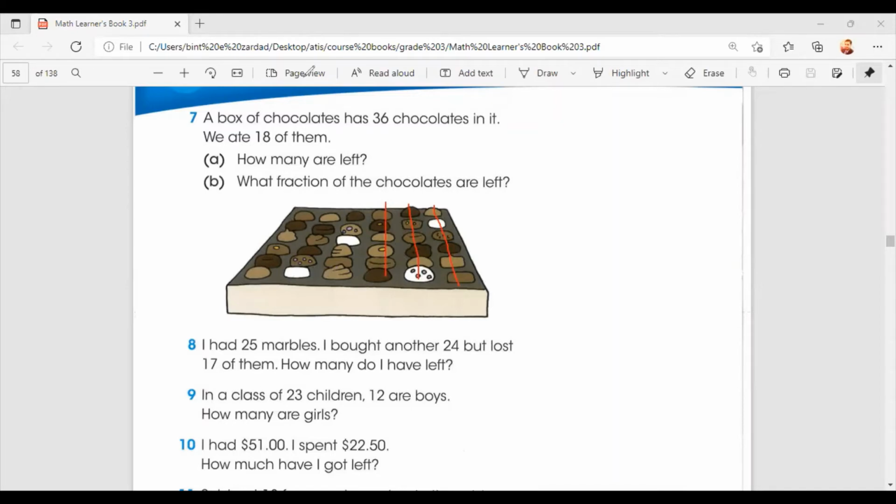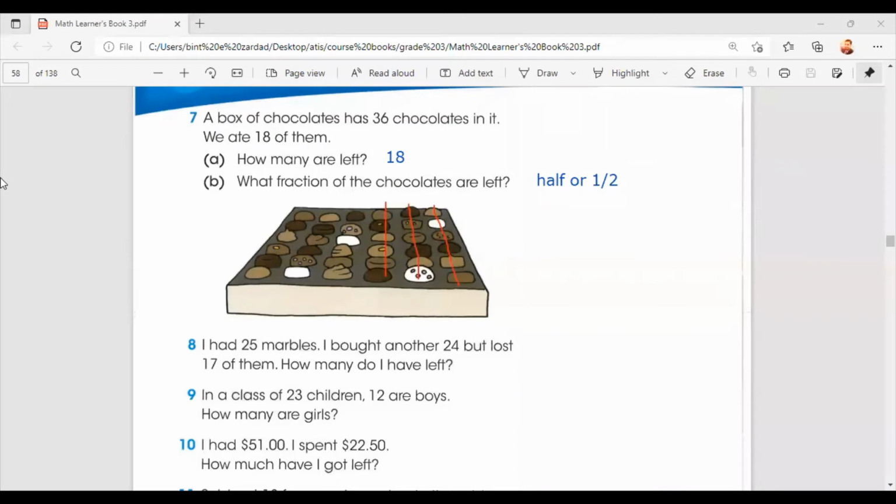How many are left? 18 chocolates. What fraction of the chocolates are left? You can say 1 by 2 or half. You can see half of the box. I just cut it. So you can write half or 1 by 2. Both are correct: 1 by 2 of the chocolate box.